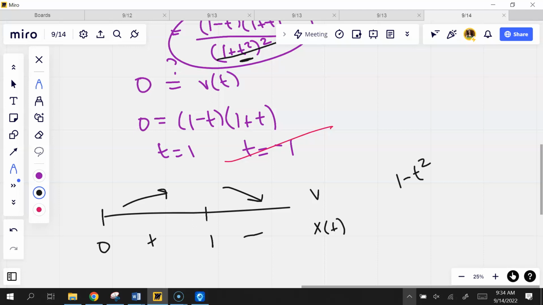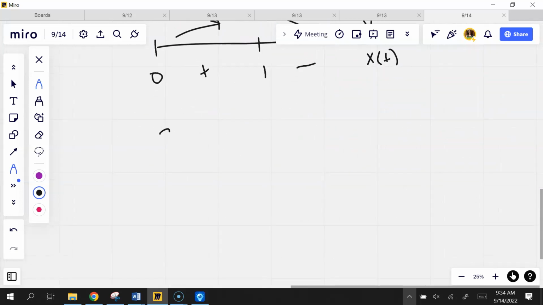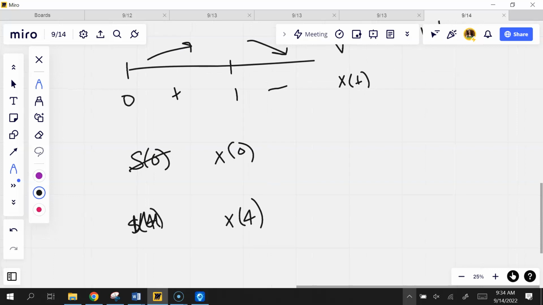Okay, find the displacement during the first 4 seconds. So that's a little bit easier. I need the starting position, and I think they used x on this one instead of s. From 1 to infinity, right? Okay, at time 0, I'm 0 over 1 plus 0 squared, which is simply 0.